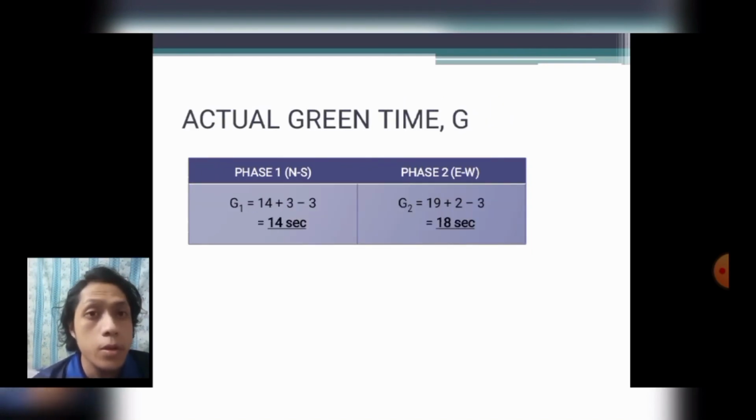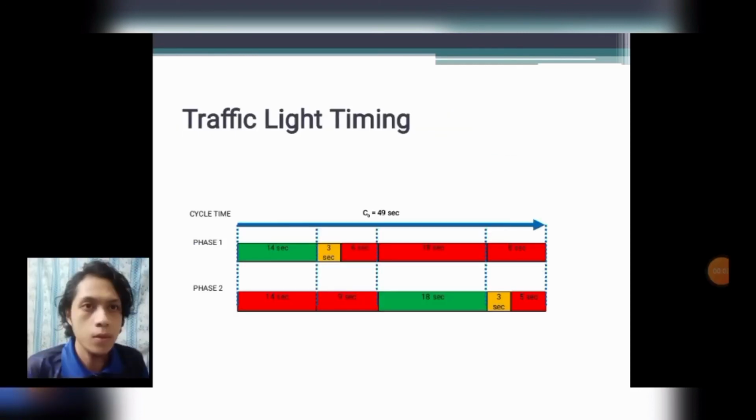Next, we should find the actual green time for each phase. So just using the formula, actual green time G equals effective green time from the previous solution plus the lost time minus the amber time, and we will get phase 1 is 14 seconds and phase 2 is 18 seconds.